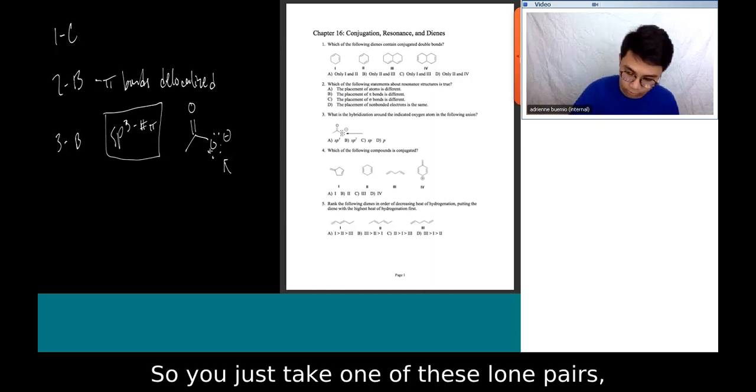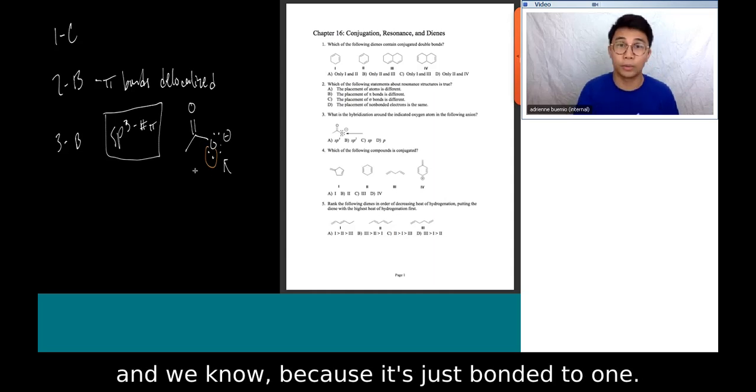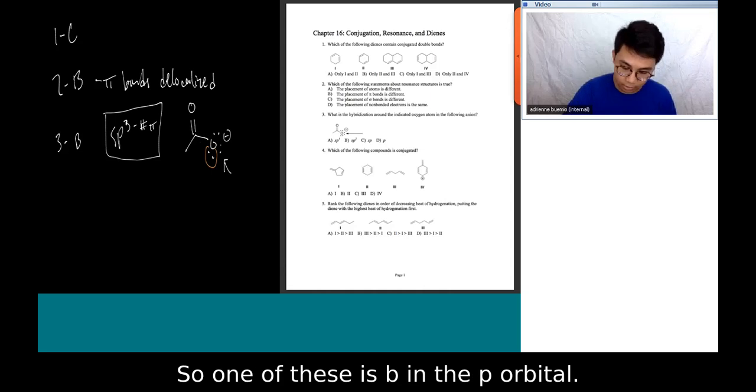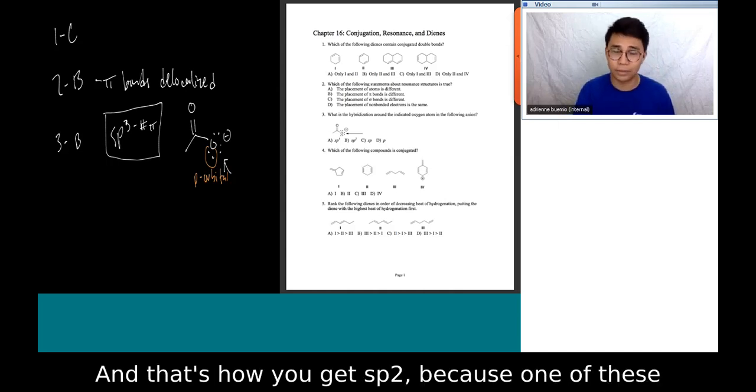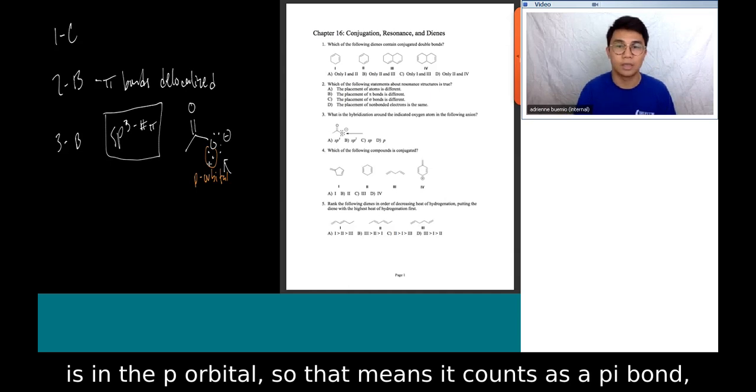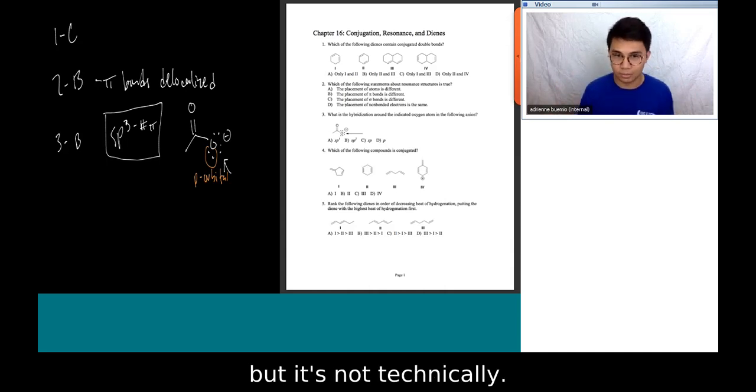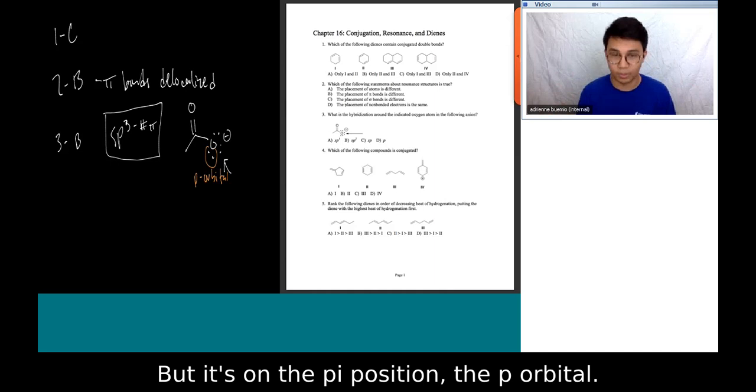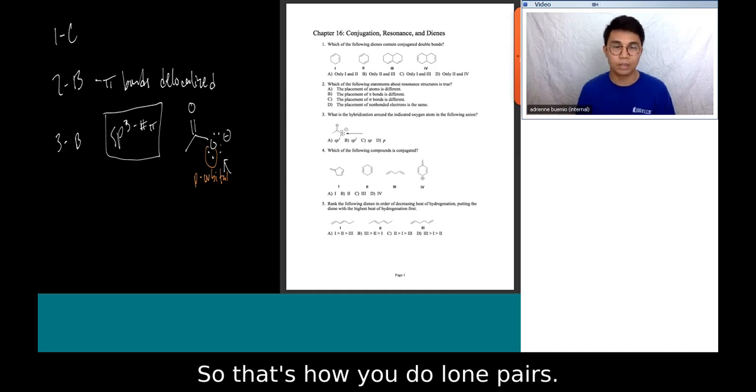You just take one of these lone pairs, and we know because it's just 1 to 1, right? One of these must be in the p orbital. And that's how you get sp2, because one of these is in the p orbital, so that means it counts as a pi bond. It's not technically a pi bond, but it's still in the pi position, the p orbital. So that's how you do that.